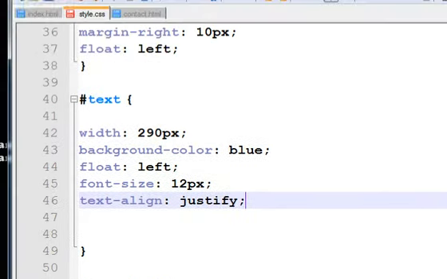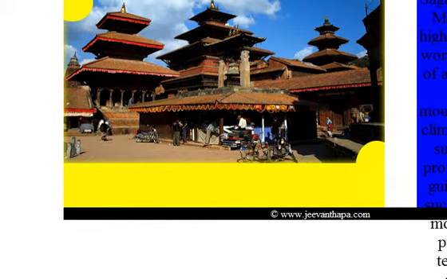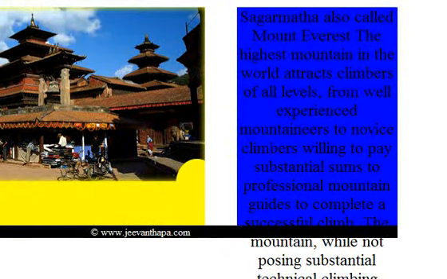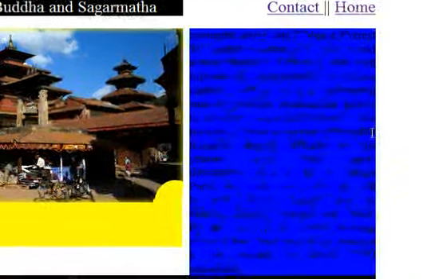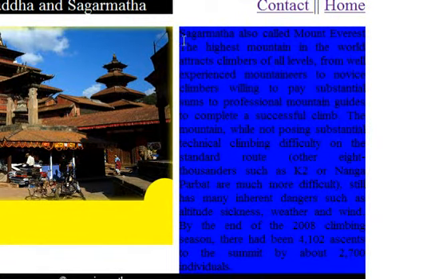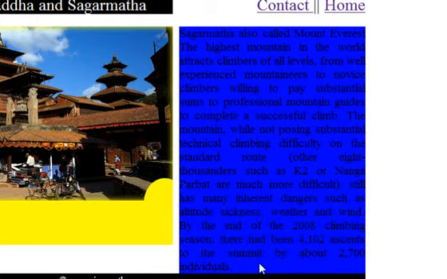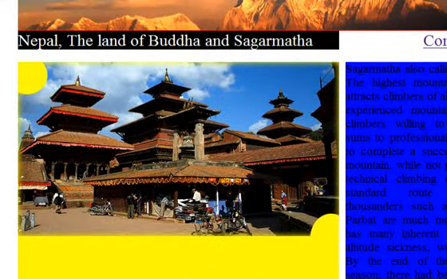Now save this style.css file and reload our web page. Now you can see the text fits in the text area. So now we almost solved the major problem. So see you in the next video.